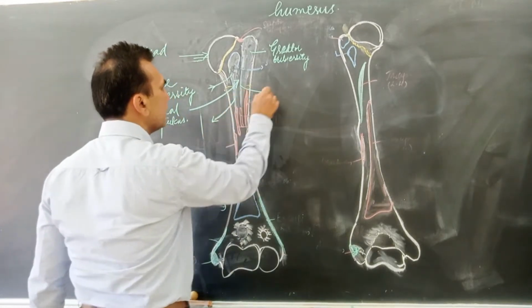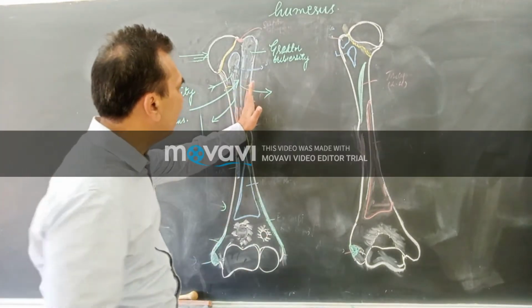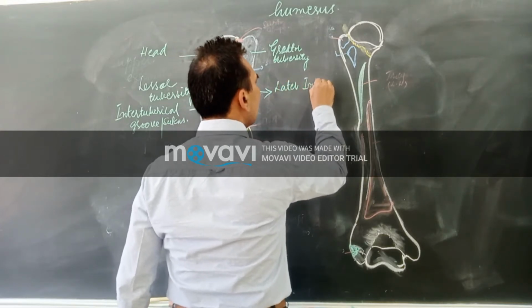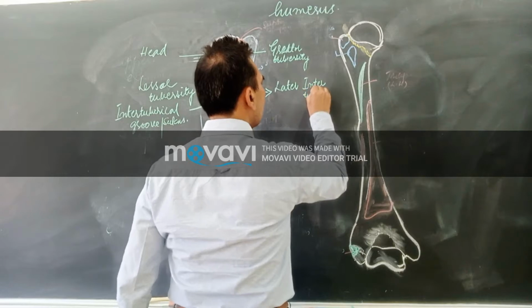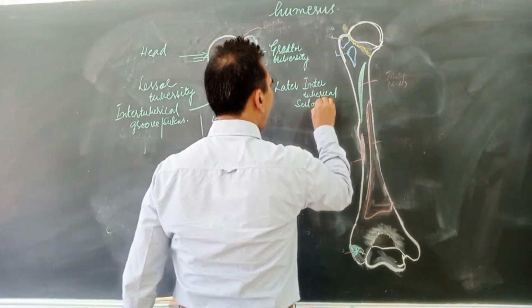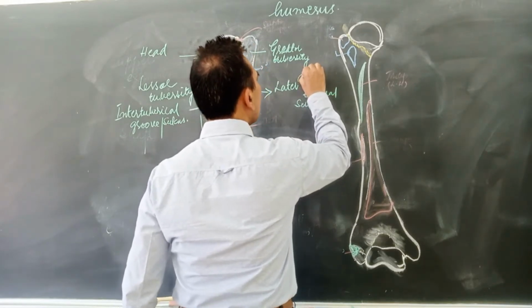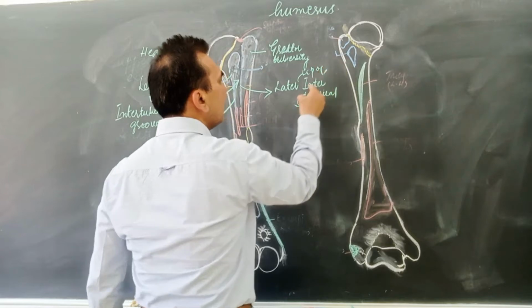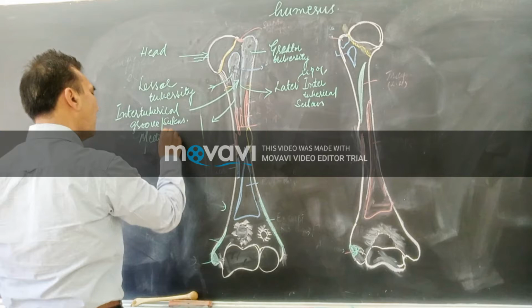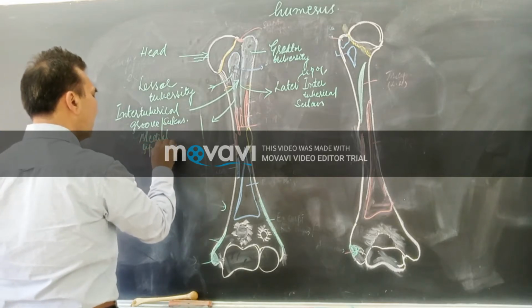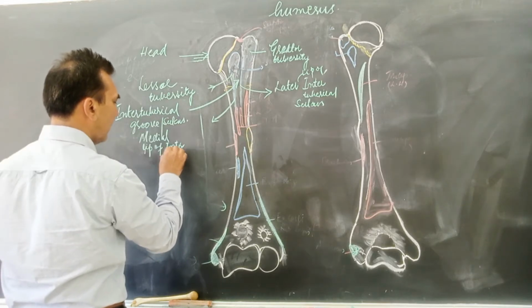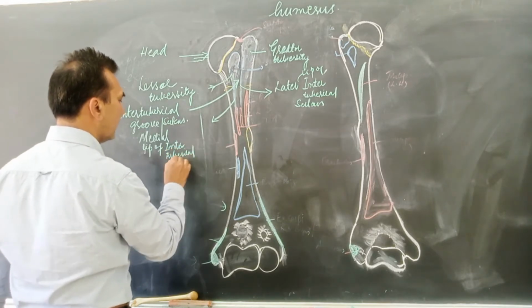One is called the lateral leaf of the intertubercle sulcus, and the other is the medial leaf of the intertubercle sulcus.